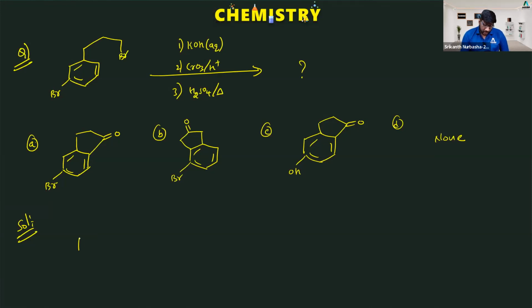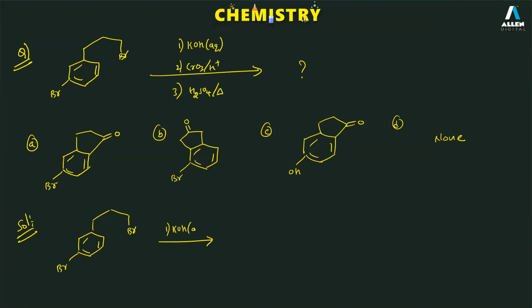Like we have a benzene ring connected to two substituents. One is Br, the other is CH2, CH2, CH2 Br. We are treating this first with aqueous KOH. What happens, students? Aqueous KOH means SN2 will occur, because OH minus acts as a nucleophile. What type of alkyl halide?